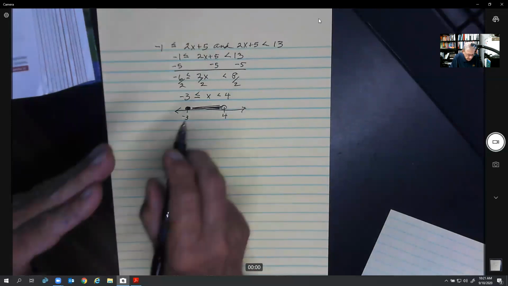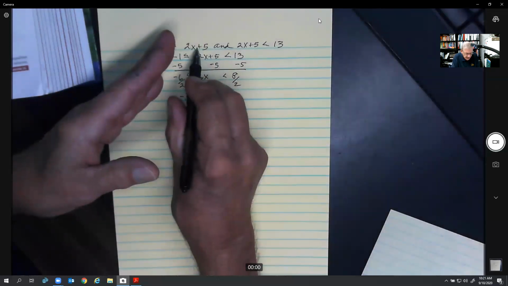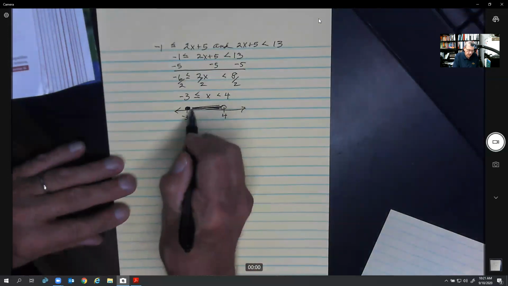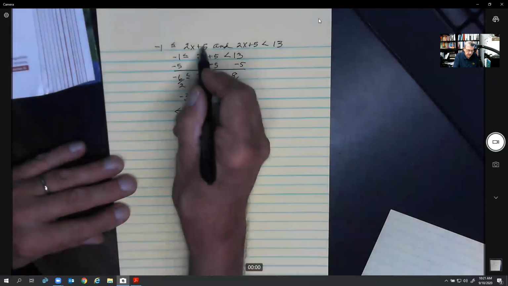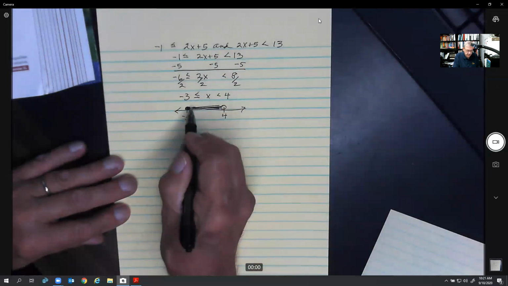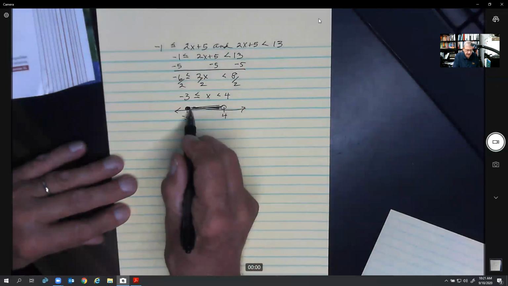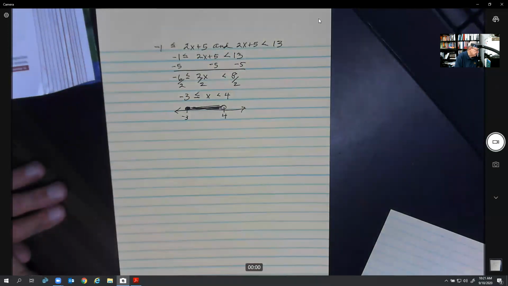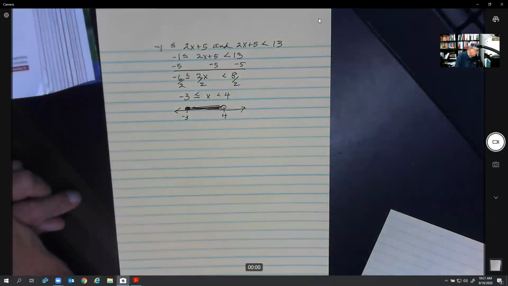So the points have to be in this set and in this set. And these are the only numbers that are in both sets. Negative 3 is in both sets, and then anything close to 4 is in both sets. So that's how we do it, and we wouldn't have to draw separate number lines.